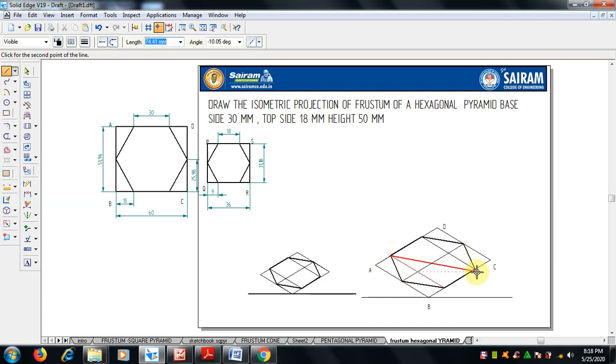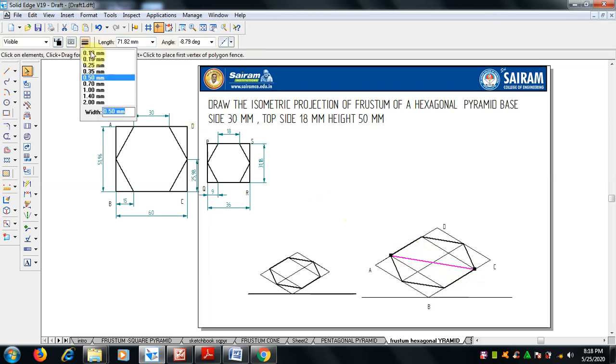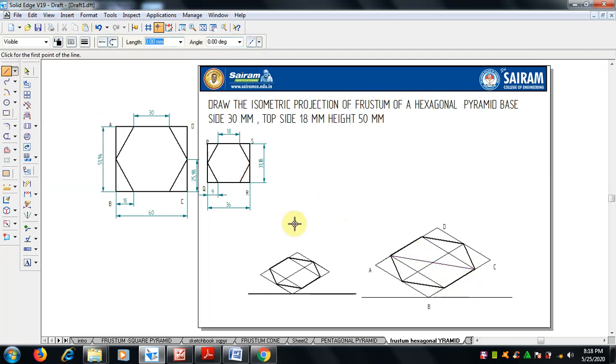Anyhow, if you draw corners, this corner to this corner, this corner to this corner, we will get it.